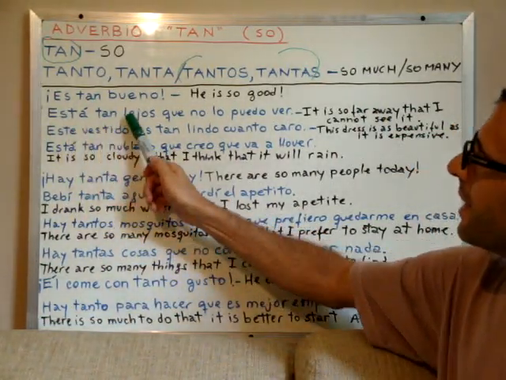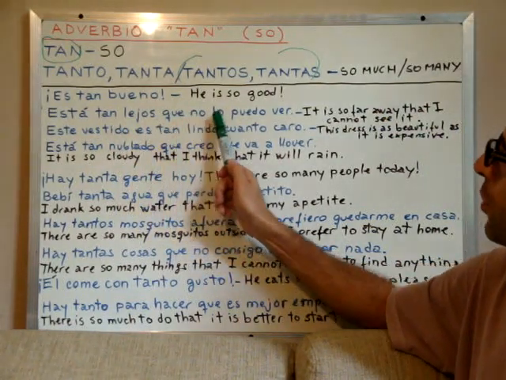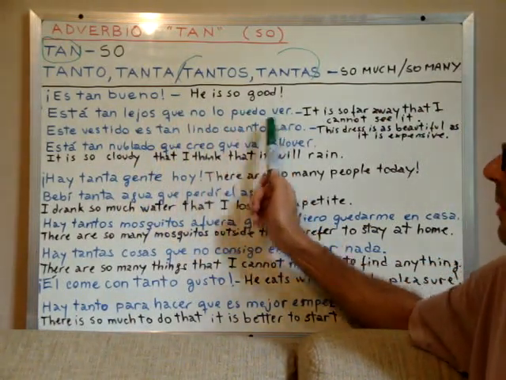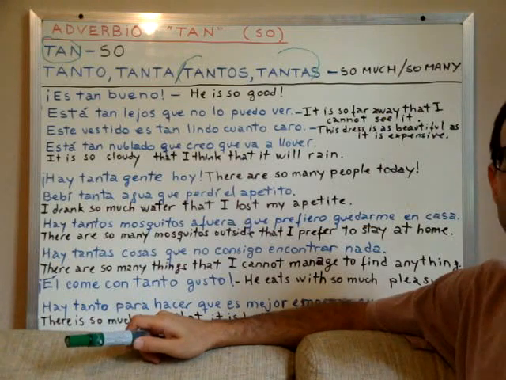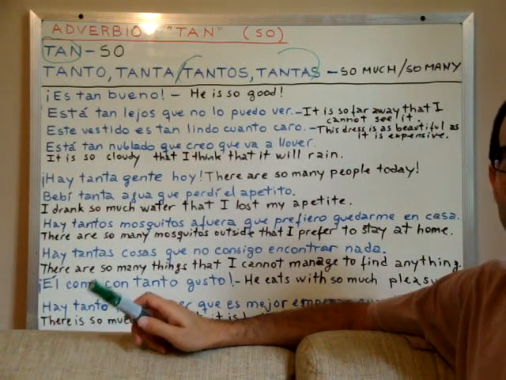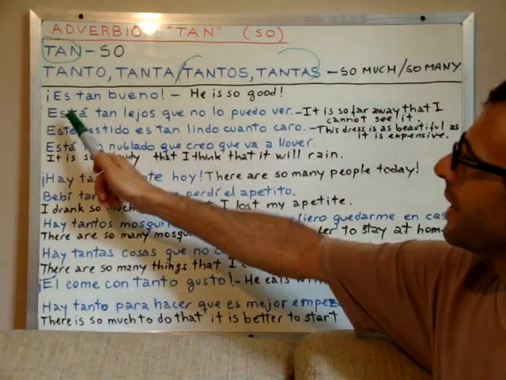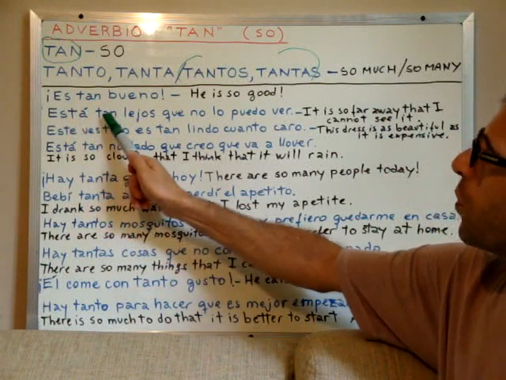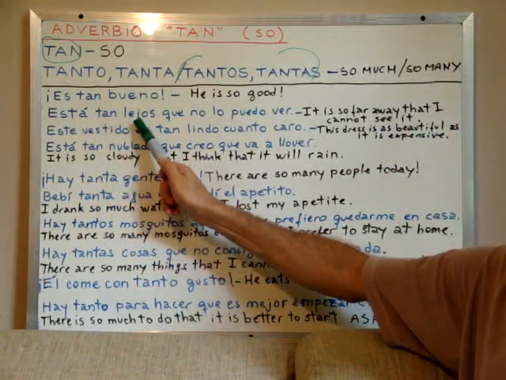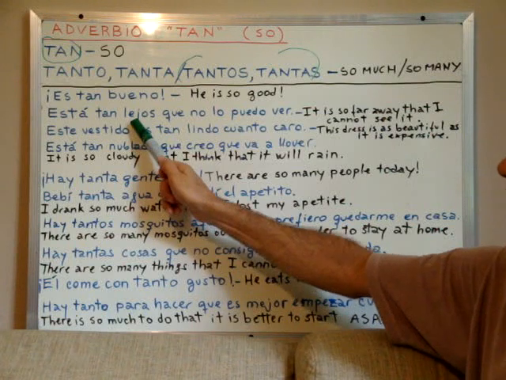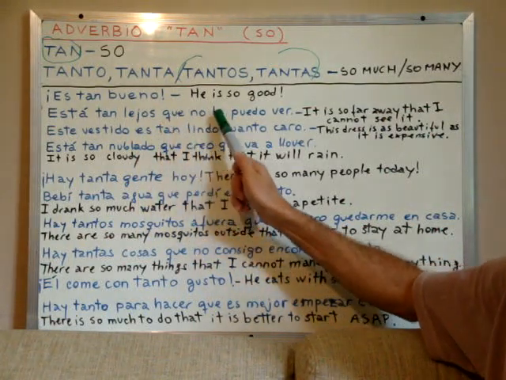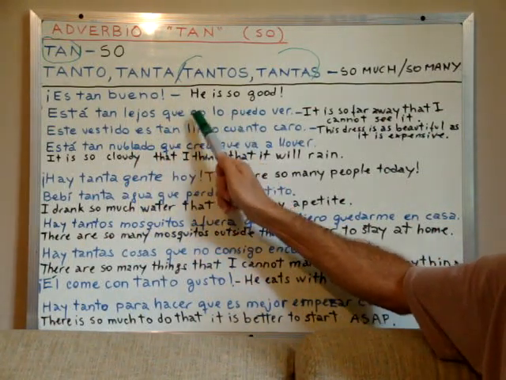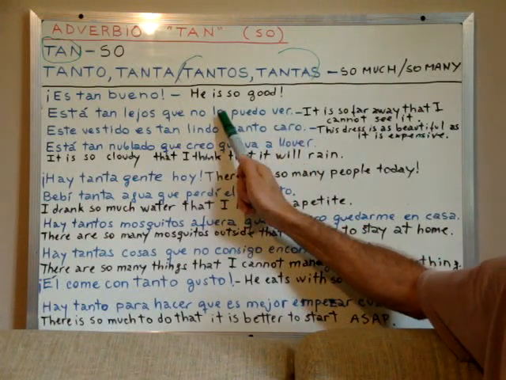Está tan lejos que no lo puedo ver. Está tan lejos que no lo puedo ver. This means it is so far away, or just far, that I cannot see it.